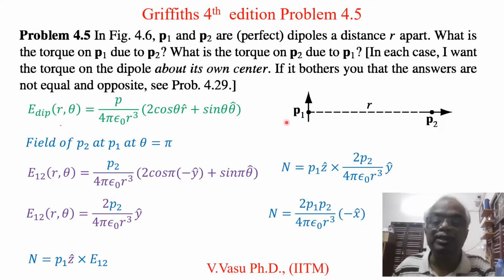So, we have two dipoles, one P1 and one P2. Let us say this is at position 1 and this is at position 2. Let us assume this is the y-axis and this one is the z-axis.